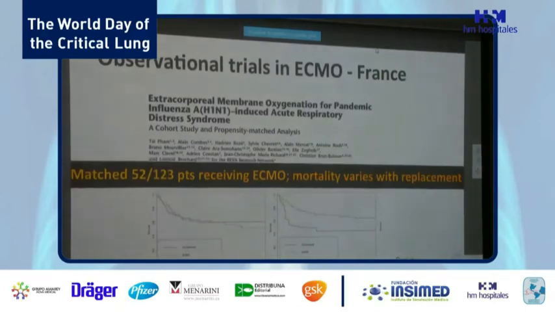They were only able to match less than half of the patients receiving ECMO, I think primarily because the indications are different and the patients are younger. It's not the same population as the general ARDS population. And so you can see that statistically the impact of the therapy on mortality can be shown to be either none or substantial.